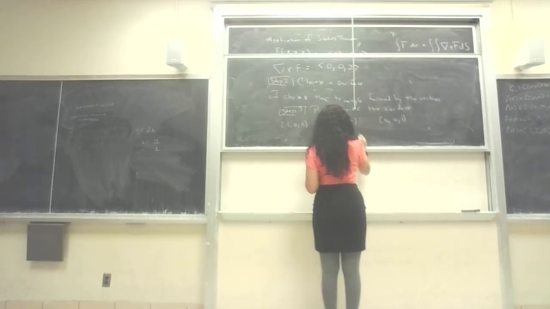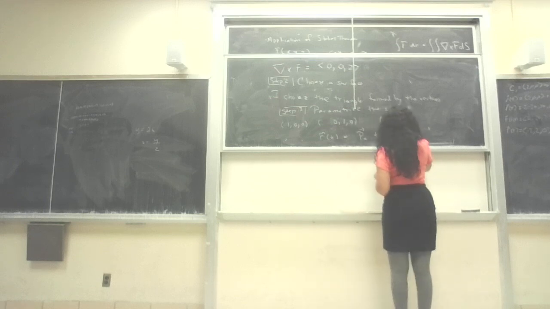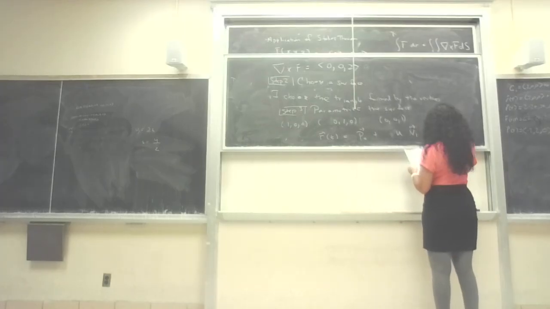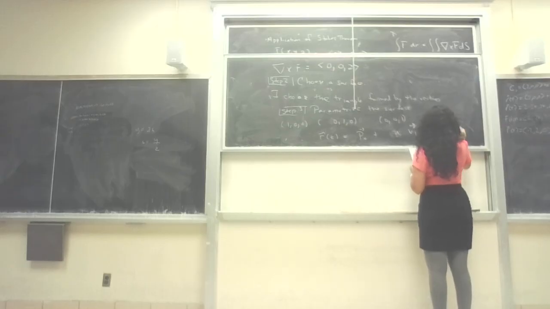It's going to look like P0, still the start point, plus U times direction vector 1, and then V times direction vector 2. I don't know what they called it in your notes, but I think this is how they should have written it.